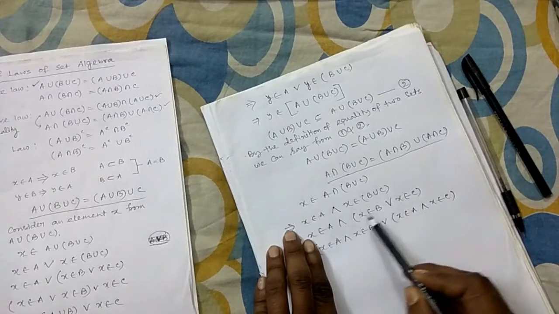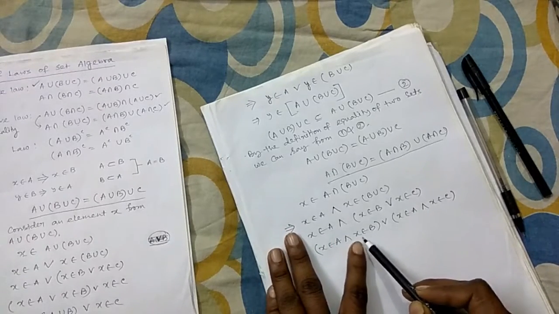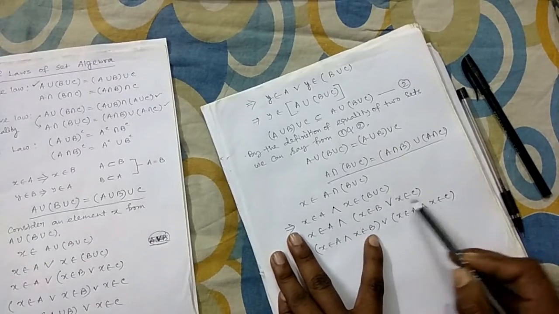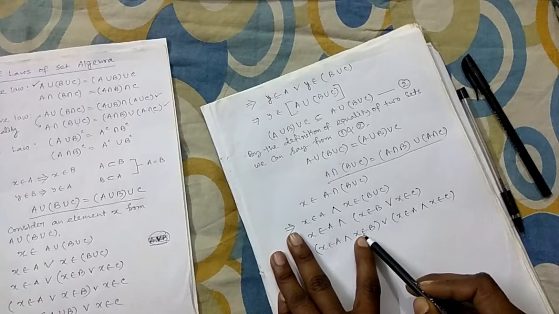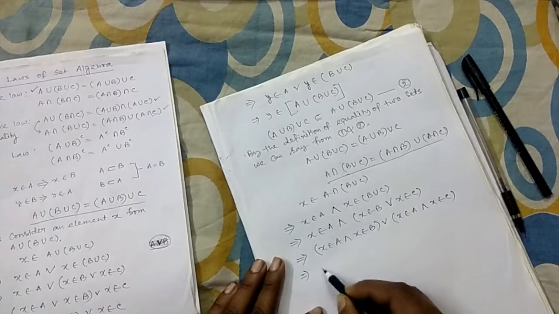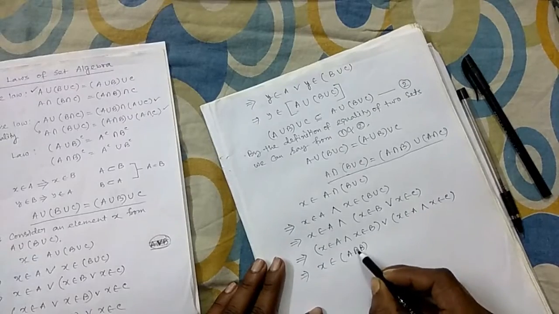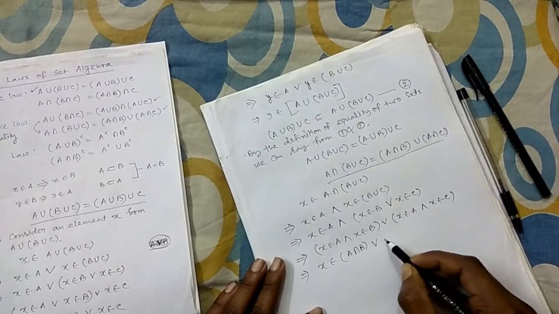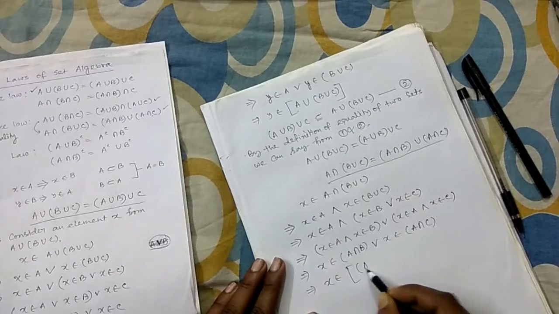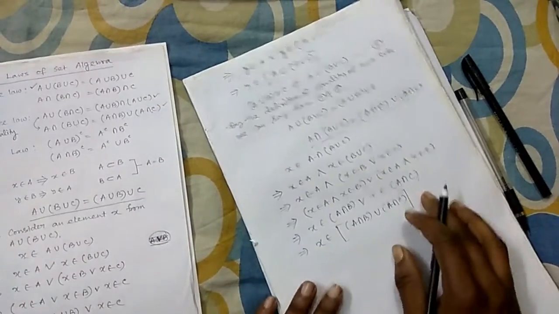And here X belongs to either set B or set C. Here is the intersection, so both the sets B and C must contain the element X, so I have taken X belongs to A and also X belongs to B. So we take out X belongs to here, and we have to write the operation of sets, which is intersection here, or X belongs to A intersection C. Now take out the X belongs to, we are left with A intersection B union A intersection C. This is the one part.